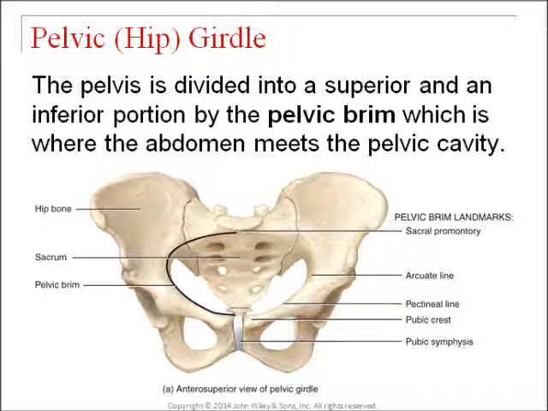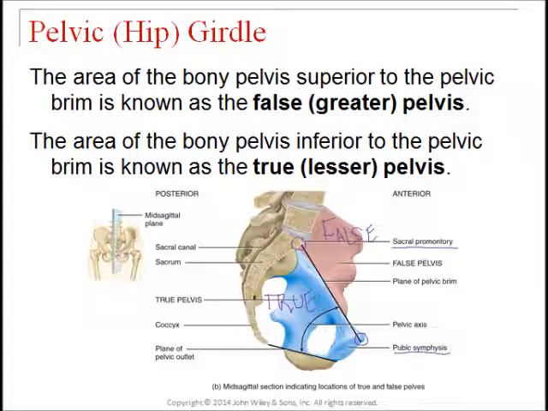So the pelvic brim is the large open hole when you're looking S to I down the pelvic girdle that's created by the sacral promontory posteriorly. We'll wrap around each side with the arcuate line and meet anteriorly at the pubic symphysis. The pubic symphysis is actually a joint that sits in between the two pubic tubercles.